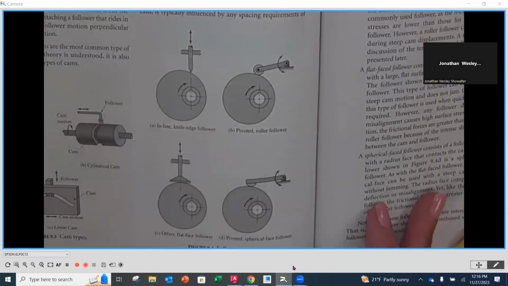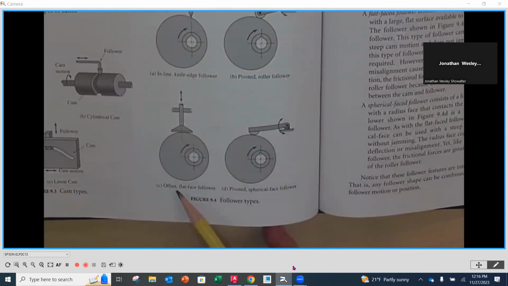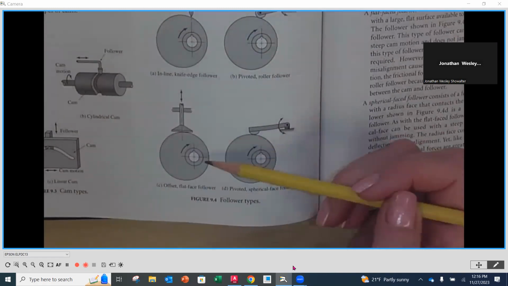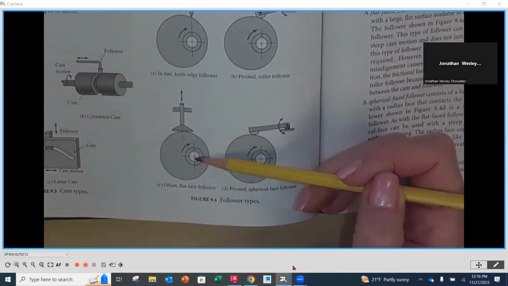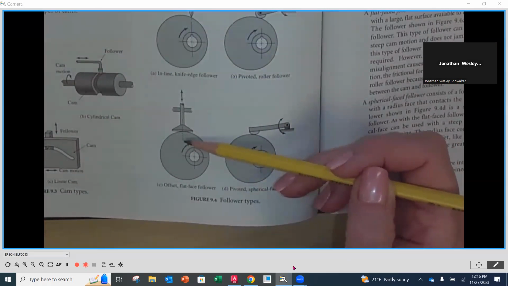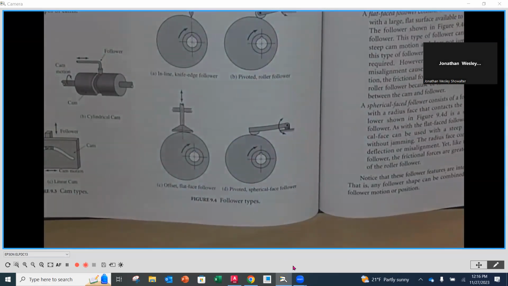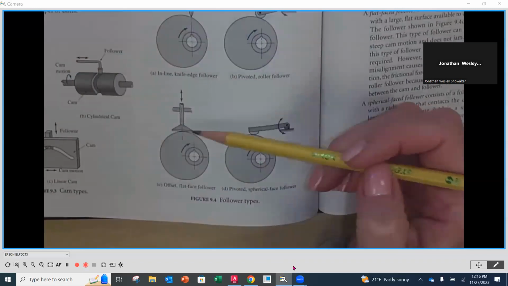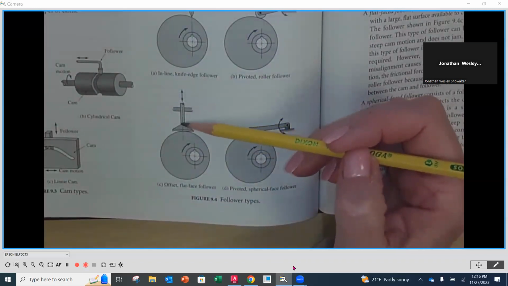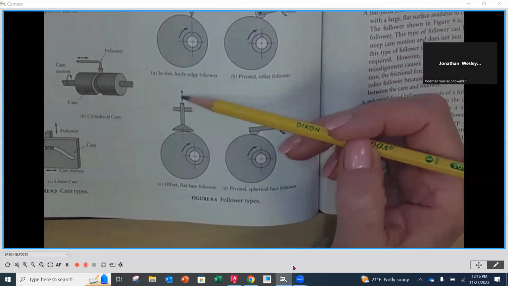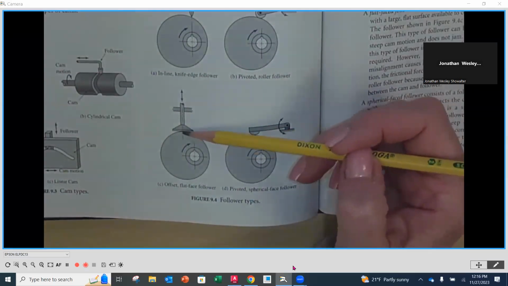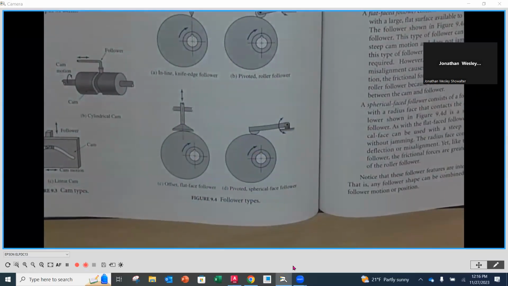Okay. The next type that we have is going to be an offset type of arrangement. And all that means is that compared to the rotating center of our cam, our follower has a distance or offset between those two. So in this case, this is like a flat face follower that's going to go up and down, but it's offset from that actual center.